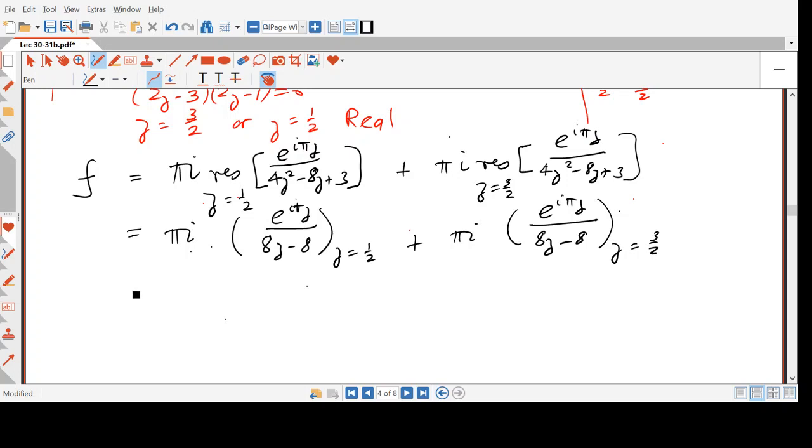At the end of the day, you should get a result such as root 3, so the real part will be root 3 over 16 pi minus pi over 4. Straightforward substitution from here onwards.